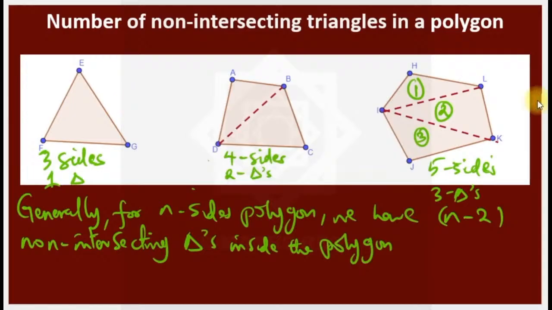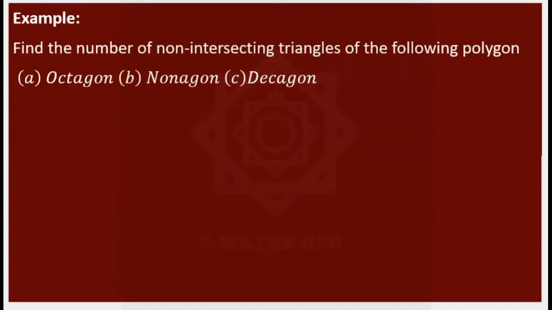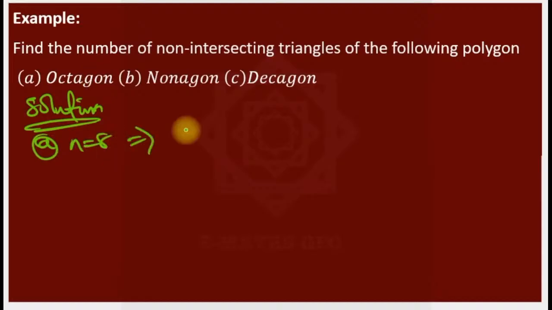So let's just solve some questions. First one, find the number of non-intersecting triangles of the following polygons. The first one, octagon, the number of sides is 8, which implies it will have 8 minus 2 non-intersecting triangles.